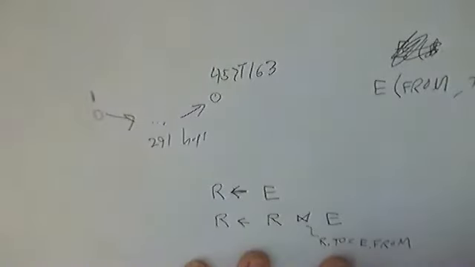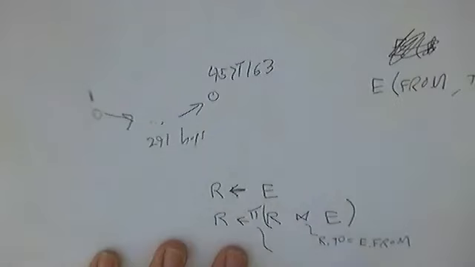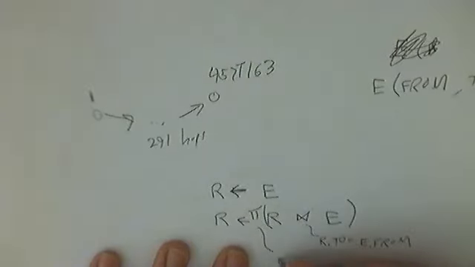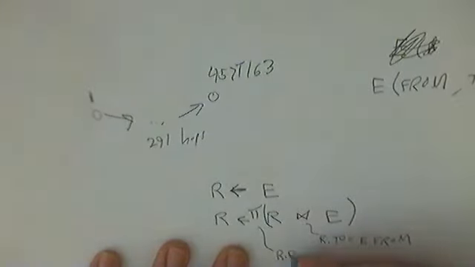Okay, R dot 2 is equal to E dot from, and I'm going to project out of that R dot from and E dot 2.